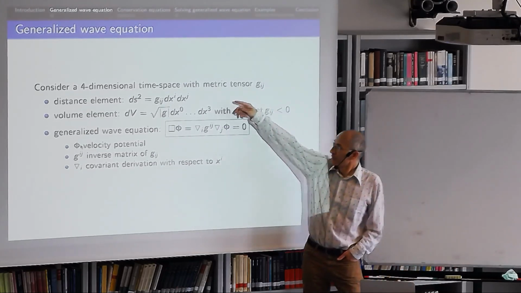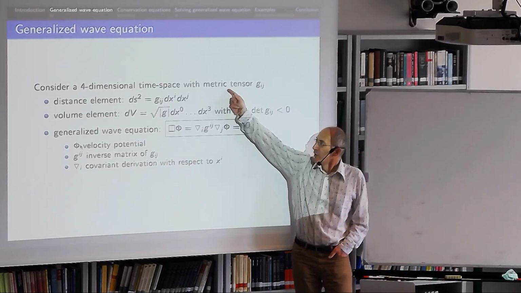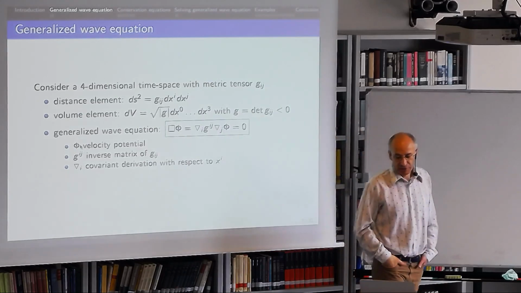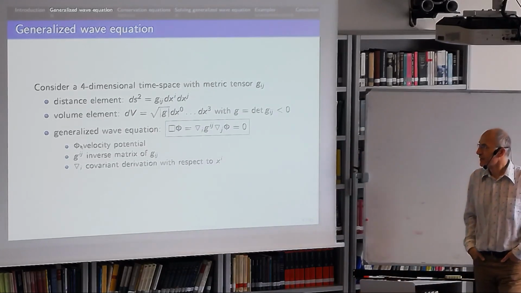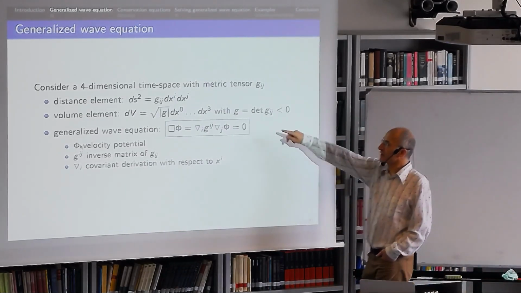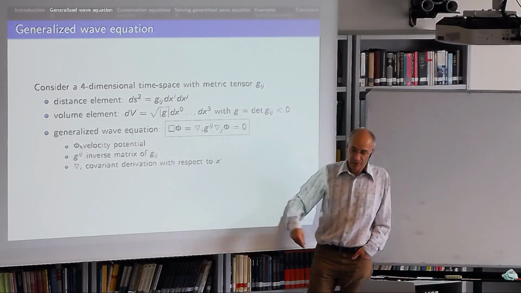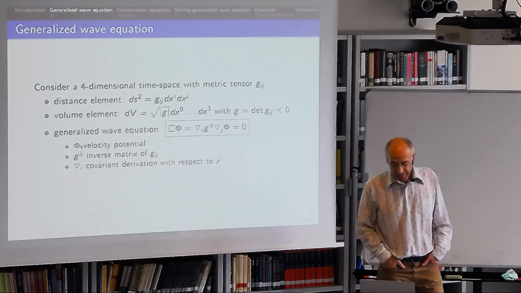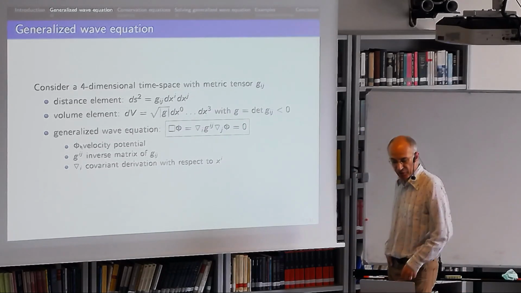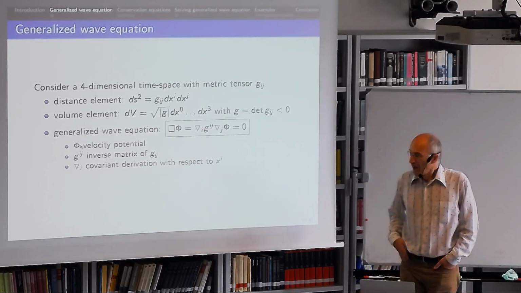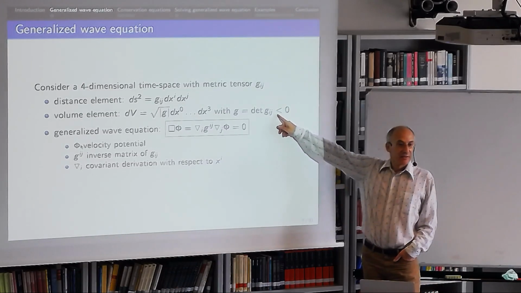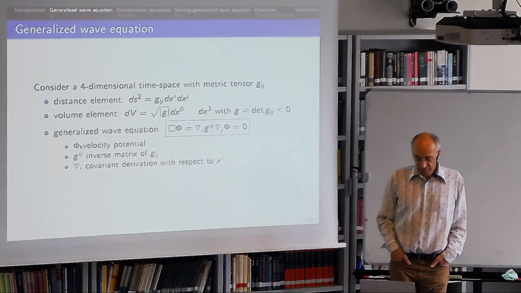It's called the metric tensor because you get the elementary distance from the tensor elements. The volume is also given by the determinant of the metric tensor. The determinant is negative in this case because we're in space-time.